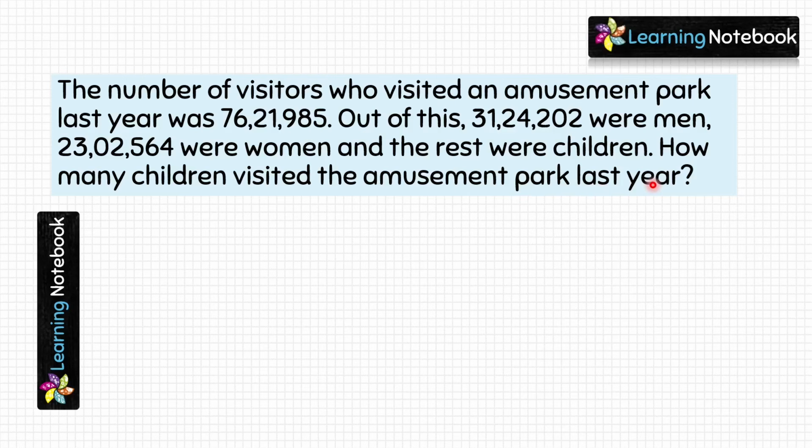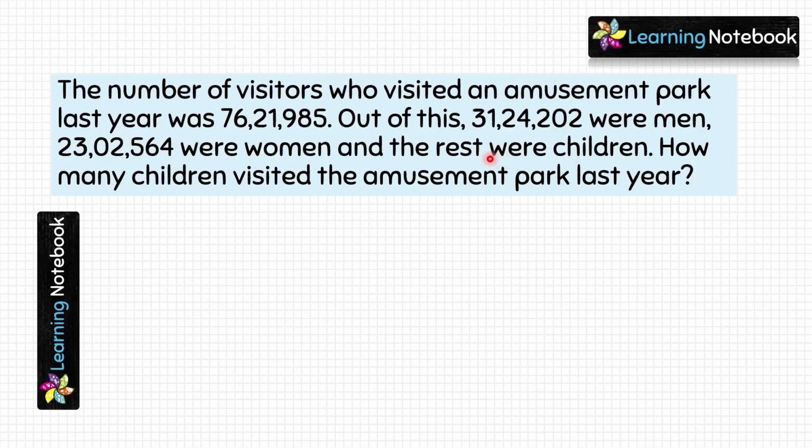So here students, we are given with total number of visitors who have visited an amusement park. Now, out of these visitors, these many were men, these many were women, and the rest were children. And we have to find these number of children.